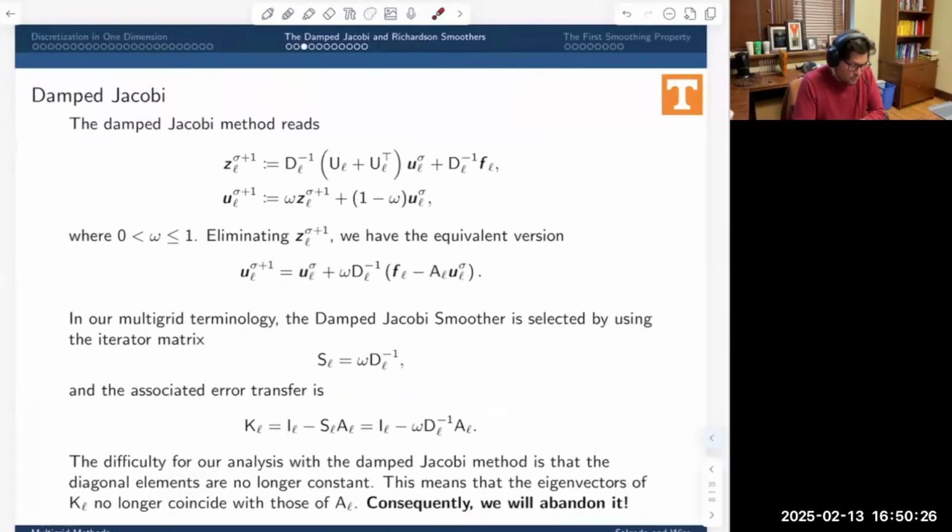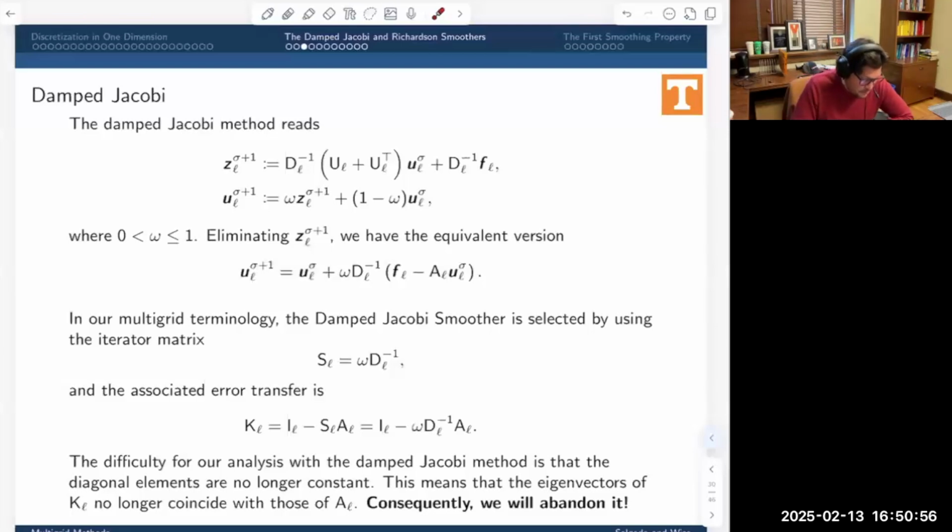So the damp Jacobi, how do we formulate that as a smoother or an iterative method? Well, the way you do it is you throw U and L over to the other side, and then you multiply by the inverse of that diagonal matrix D_L, etc. And so you get this initial approximation value that we call z_L^(sigma+1).